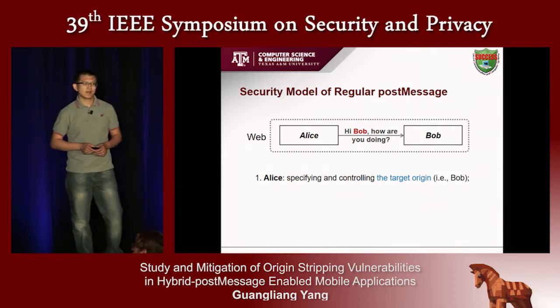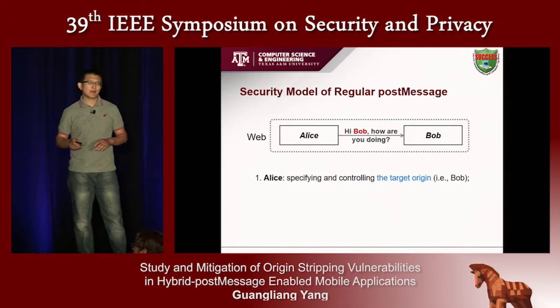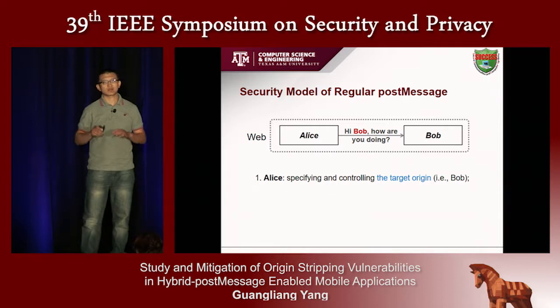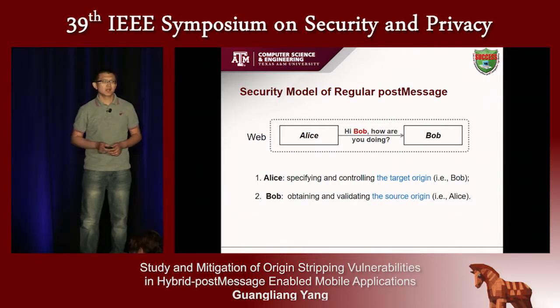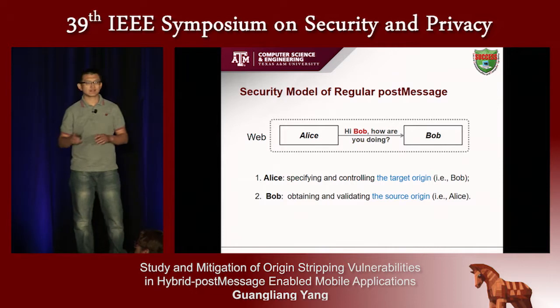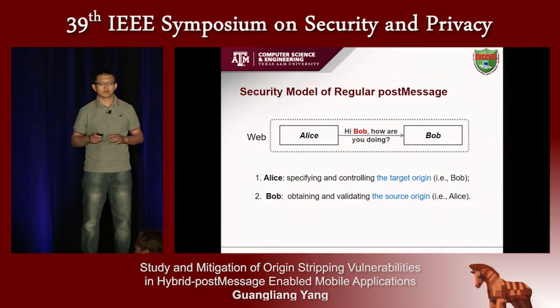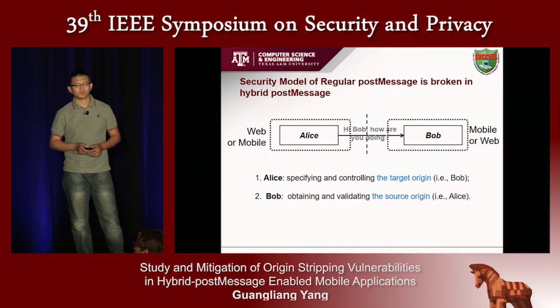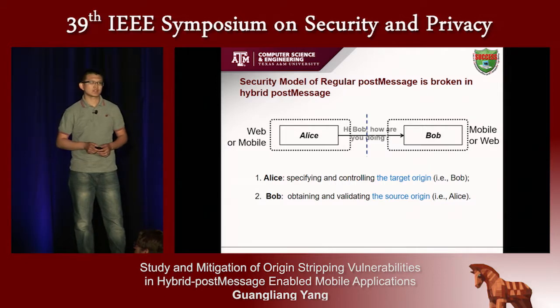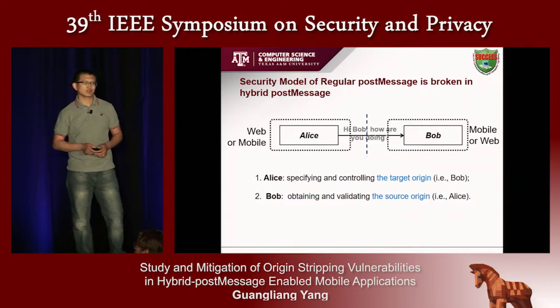Alice, the message sender, can specify and control the target origin of the message to make sure only Bob can receive her message. Bob can obtain and validate the source origin of the received message to make sure only Alice's message is handled.